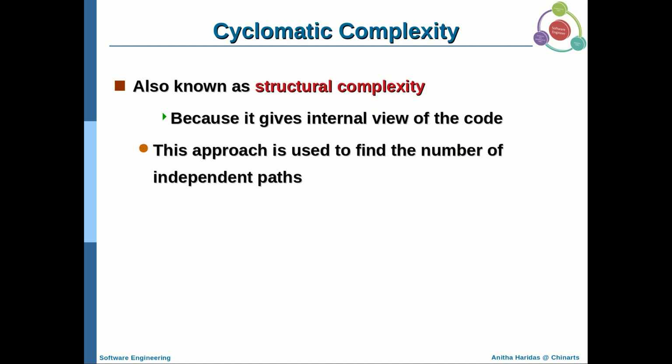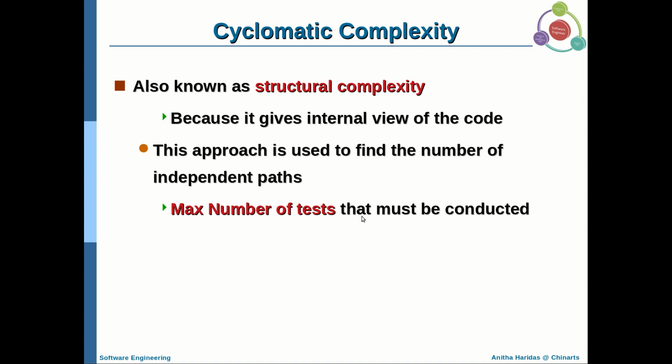Now, the structural complexity or the cyclomatic complexity approach is generally used to find how many independent paths are there. So, if you have more independent paths, obviously your program is a complex program. You can think about decomposing the program.